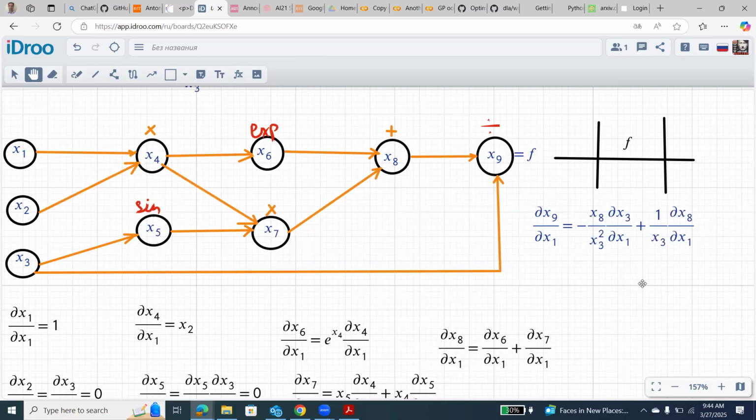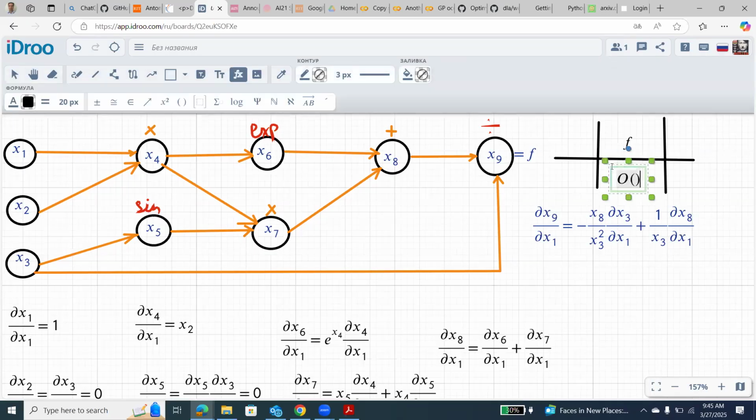Yes, you can just speak up. O of n, yes, because in every node we do maybe maximum 2 operations, for example, addition, or maybe evaluate the calculation of the function. So the total number of operations will be O of n.